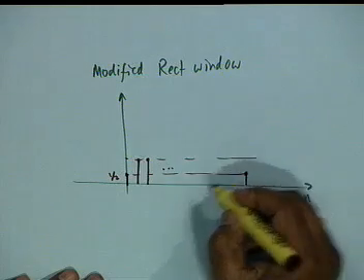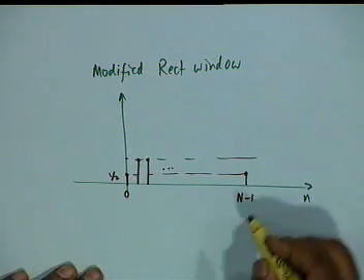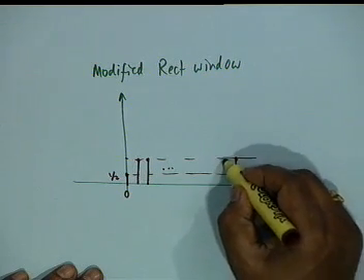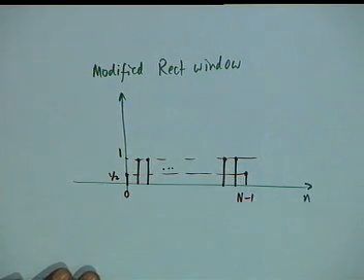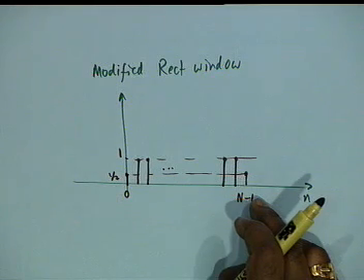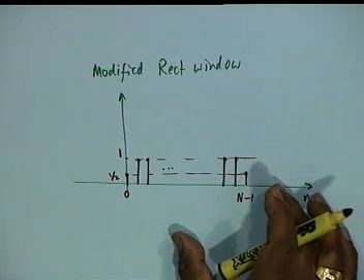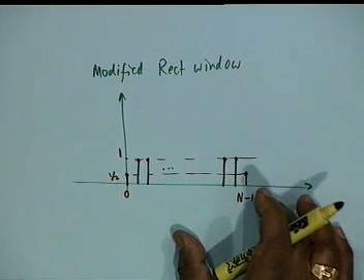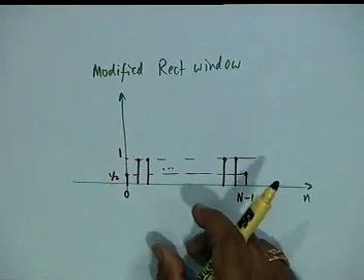The first is at n equal to 0 and the last is at n equal to N minus 1. The last one is also half and the others are all 1. This is a modified rectangular window, as a taper has been introduced, half here and half here. This, as expected, reduces the side lobe but increases the main lobe width.